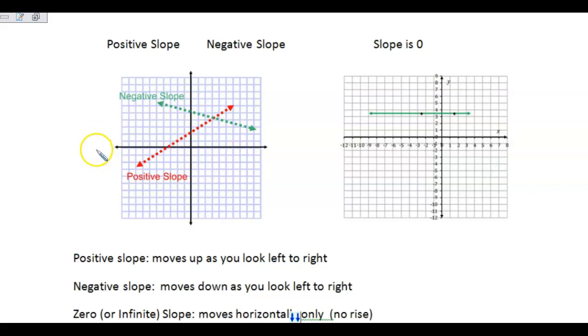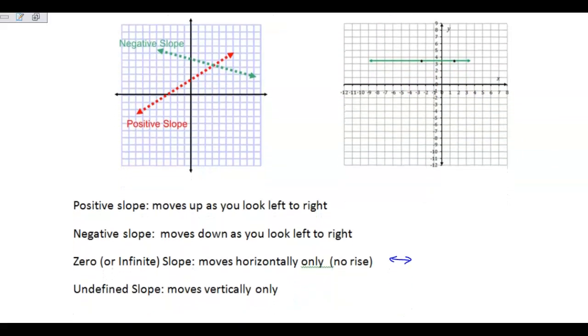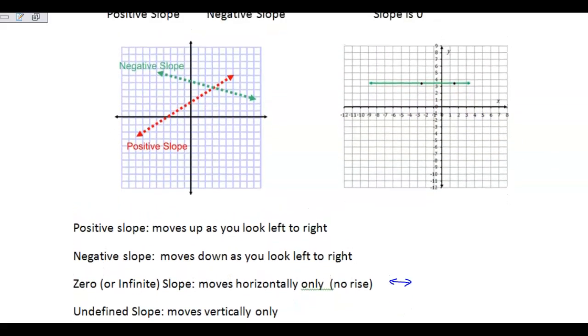A 0 slope just moves horizontally only, which means it's just left and right. So this one is just moving left to right. It's not going up, it's not going down, it's just staying steady going across. An undefined slope is vertical only.